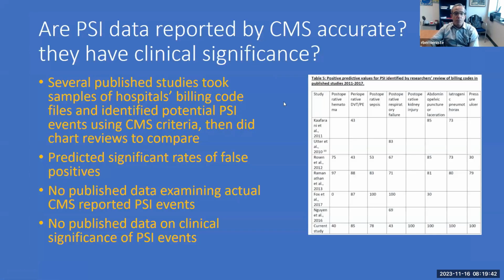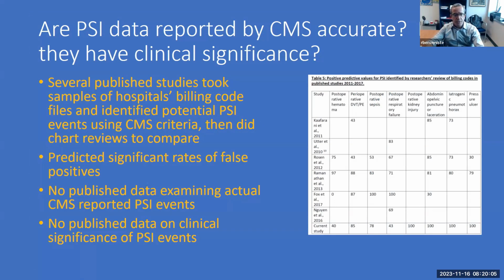So the question that comes up is, okay, look, these PSI data are collected by Medicare based on billing codes, which are entered not by doctors, not by research nurses, but by clerks who have taken a billing course and work in the hospital, maybe with some assistance from some computer software. So are they really accurate?